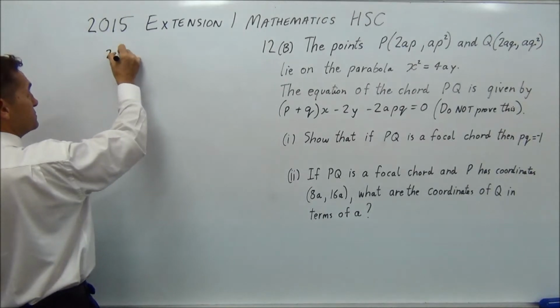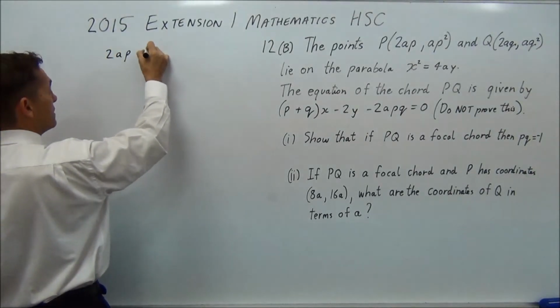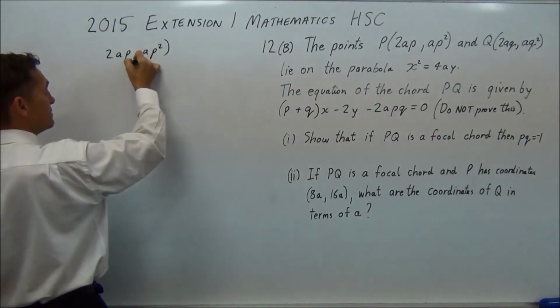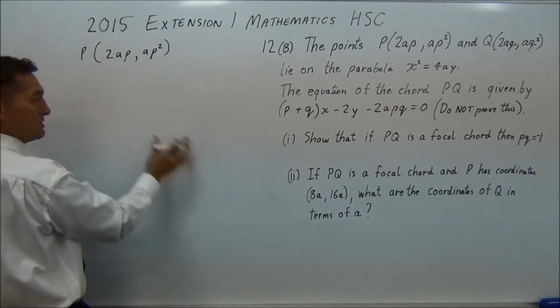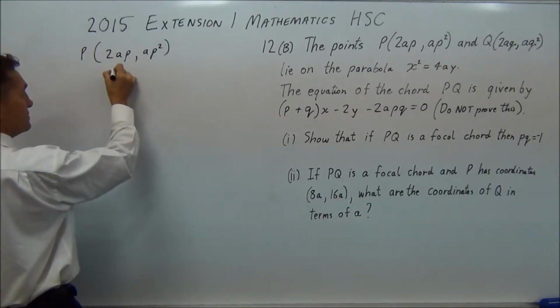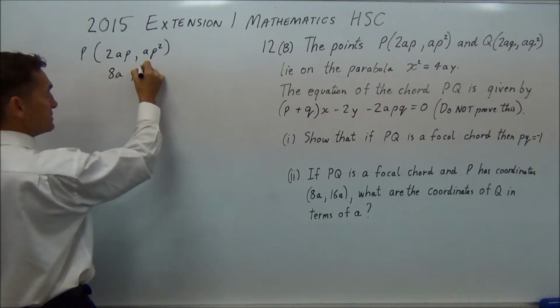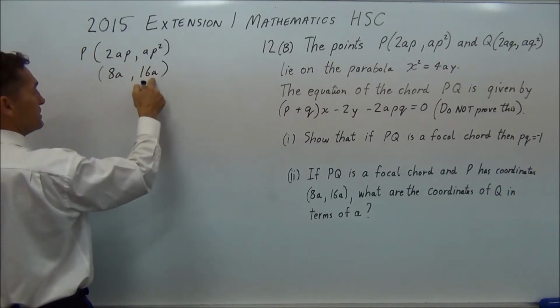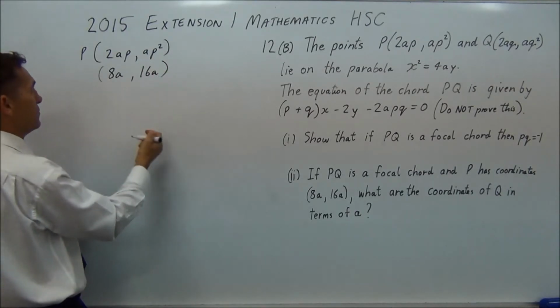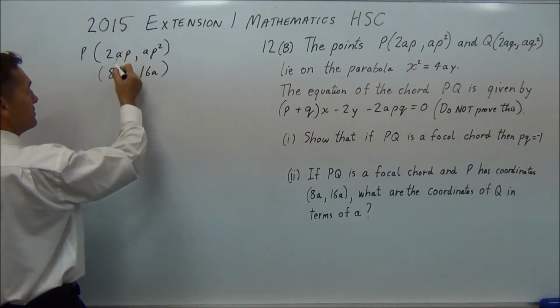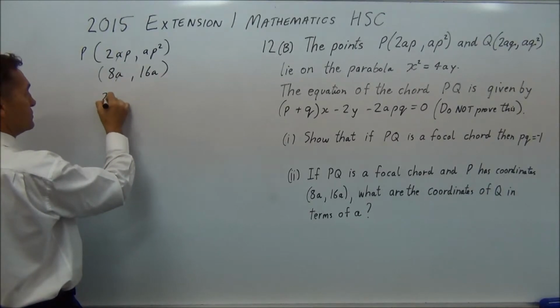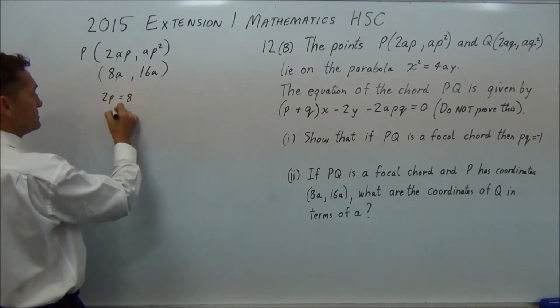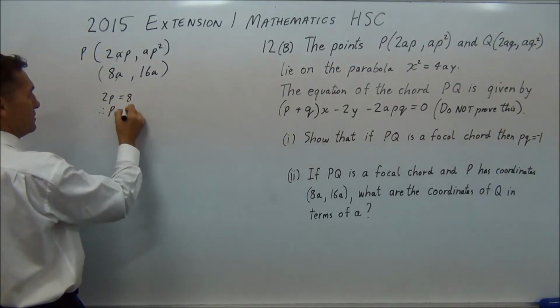So you should be able to go 2AP squared and just write down what P is, and then just write this straight under it. So that's 8A and that's 16A. And if that's that and that's that, well then what can you wipe out? Well, 2P must equal 8, so therefore P equals 4.